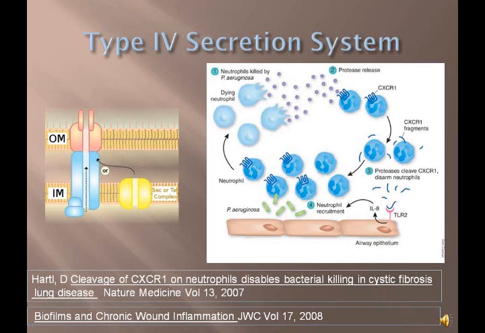But the final thing that Pseudomonas does is it fouls the receptors that macrophages use to clear the neutrophils. What this means is you have effete or dying neutrophils that can't be cleared by macrophages. What that means is when those, like in the top left-hand corner of the right panel, when the neutrophils are killed by the Pseudomonas, those dying neutrophils now aren't cleaned up by the macrophages, but they release elastase.